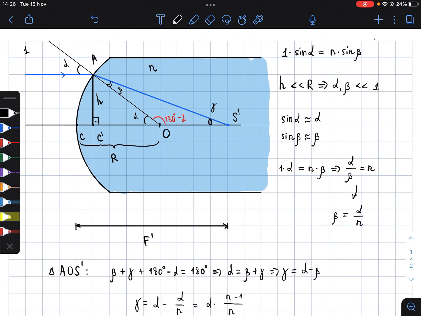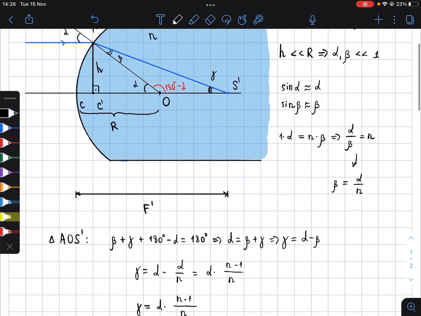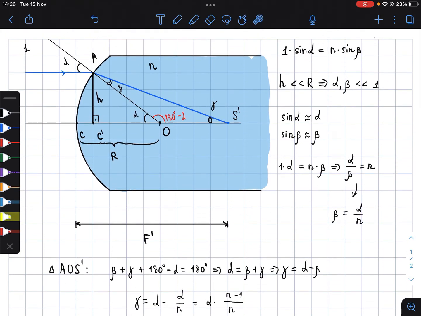Because of that, we can say that C prime O approximately is going to be equal to radius, or CO. Okay, this distance C prime O is equal to this distance approximately, because C and C prime is very small.